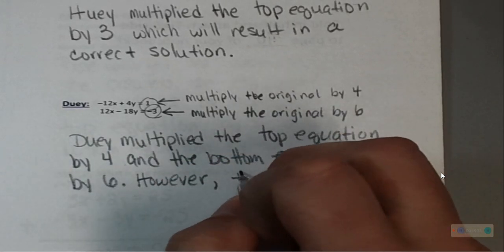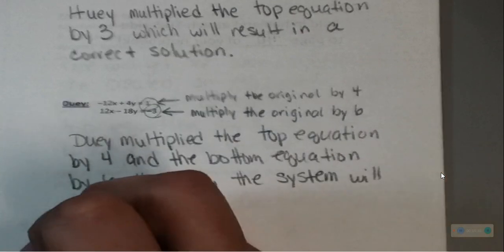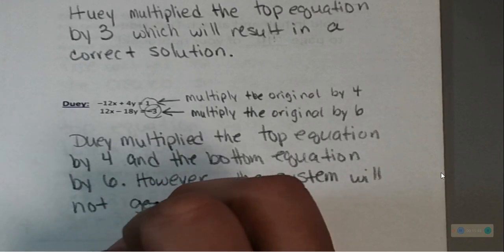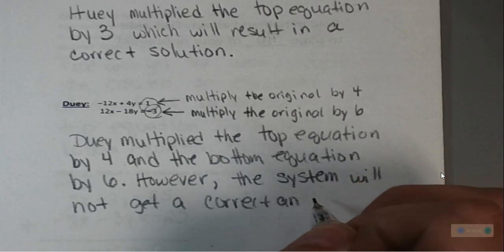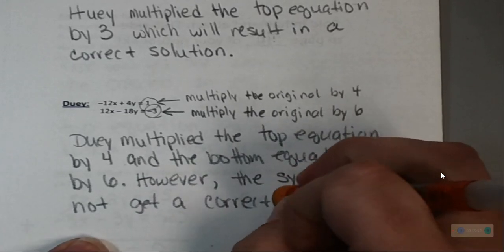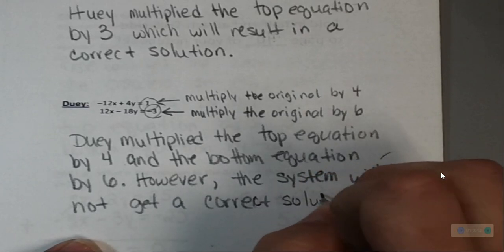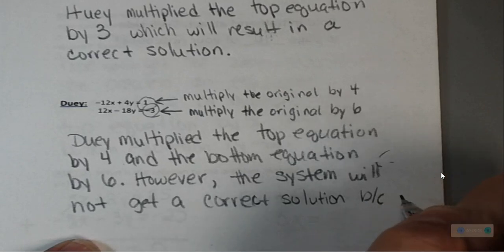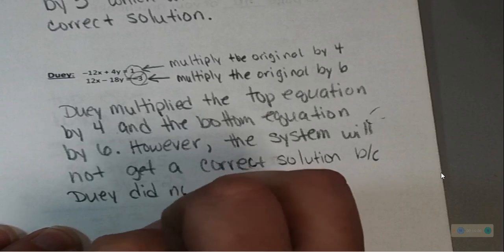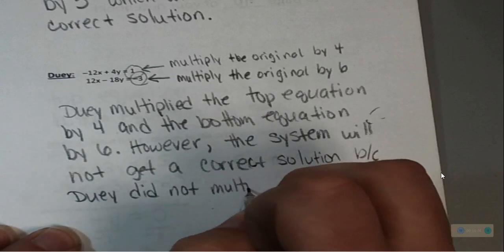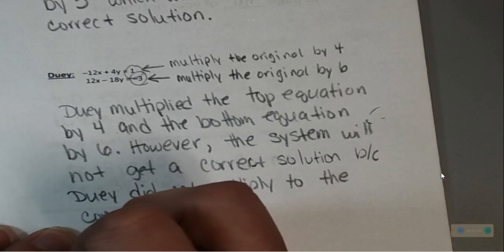However, the system will not get a correct solution, because that's the proper word, because Dewey did not multiply to the constants.